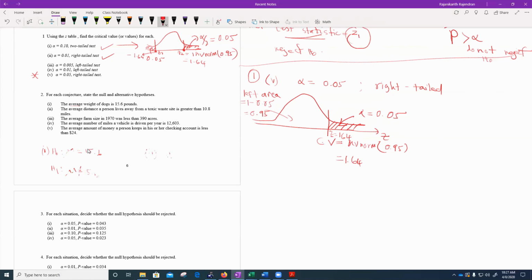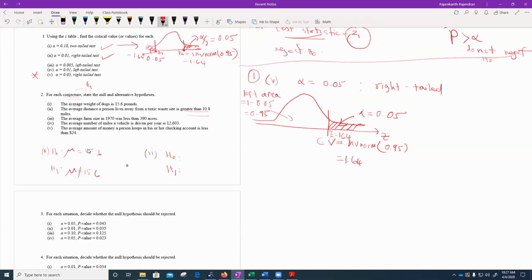Number 2. The average distance a person lives away from a toxic waste site is greater than... okay, so this is going to be your claim now, right? Remember, conjecture means your claim. So claim is going to be your H1.